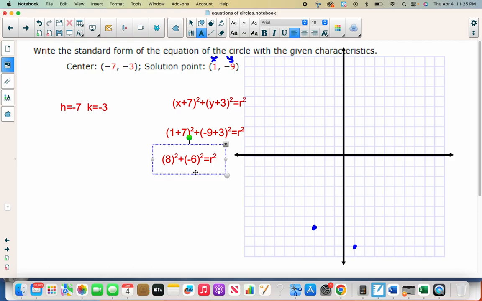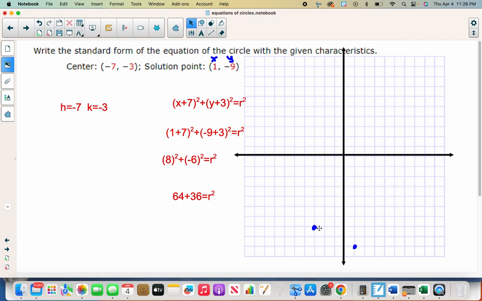So what we're going to do is we're going to try to solve for r, right? So then 8 squared is 64 plus 36 equals r squared. And I made a mistake in graphing this. I'm so silly. So the center is not, I went to -3, 7, but the center is -7, -3.